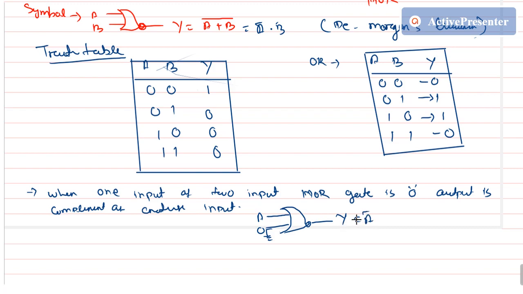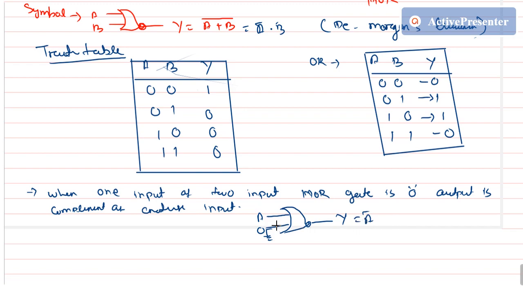This is the same as the OR gate, but with a complement. So the logic is the same. In the OR gate, if one of the inputs is 0, then the output is the same as the other input. But in the case of the NOR gate, if one of the inputs is 0, then the output will be the complement of the other input.